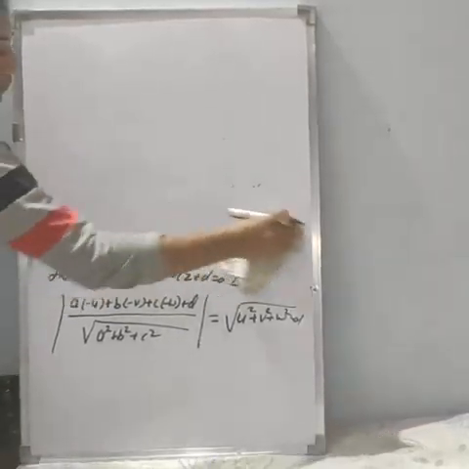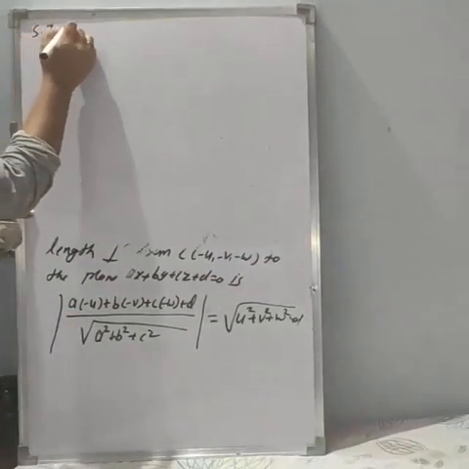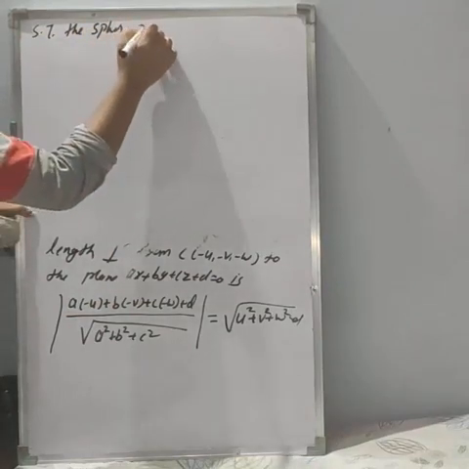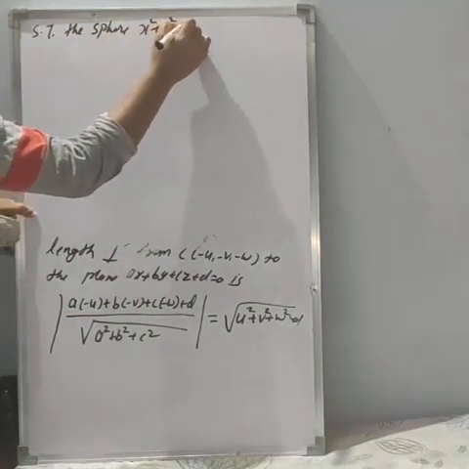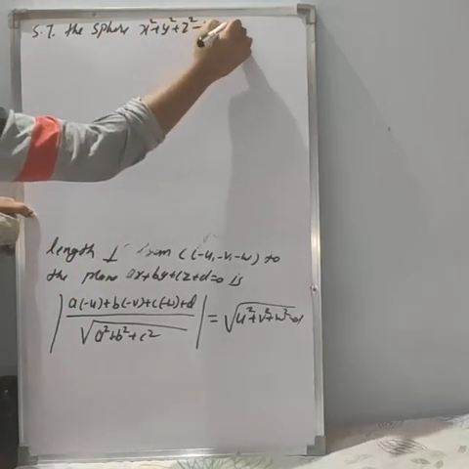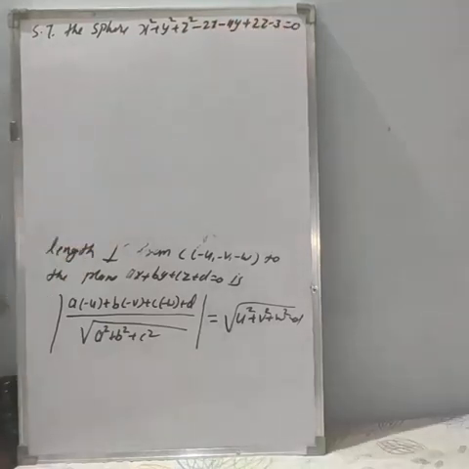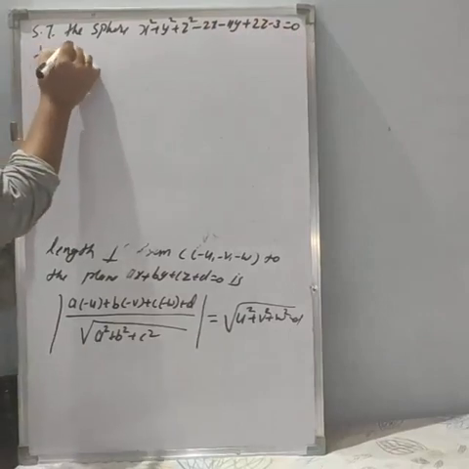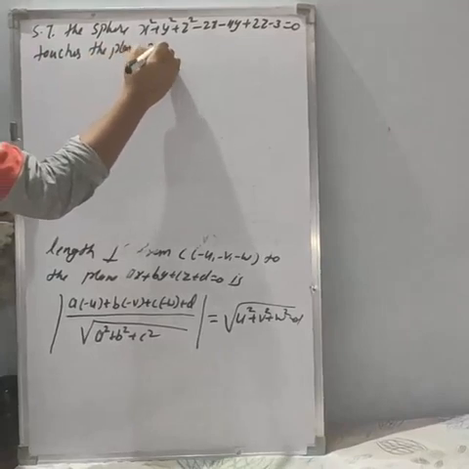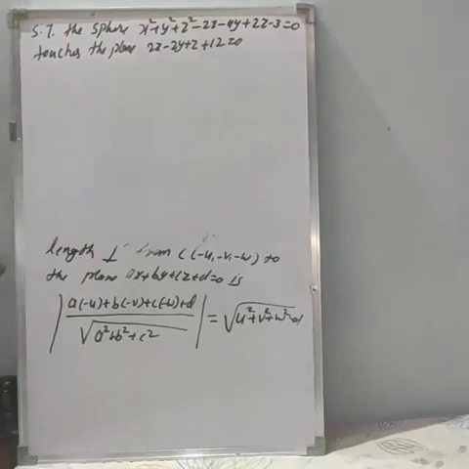So our first example is, show that the sphere x square plus y square plus z square minus 2x minus 4y plus 2z minus 3 is equal to 0 touches the plane 2x minus 2y plus z plus 12 is equal to 0.